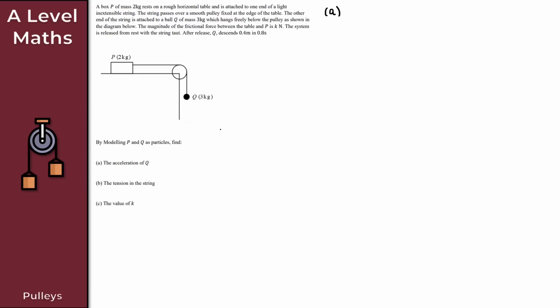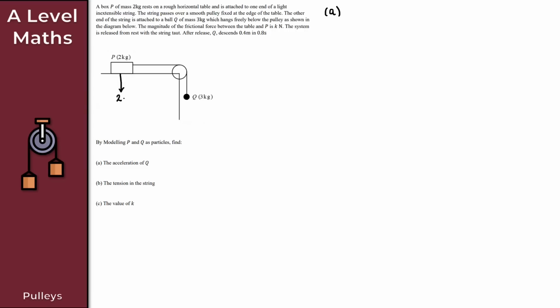For part A, it wants us to find the acceleration of Q. Before we jump into part A, let's quickly add the relevant forces to our diagram. We're already given the diagram, so we don't need to draw anything other than the relevant forces. To begin with, the particle P has a mass of 2 kilograms, so the weight is 2g, acting vertically downwards.